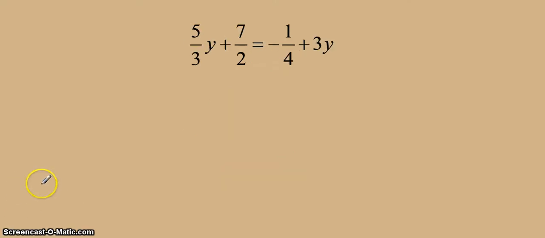In the next example, we have variables on both sides of the equal sign. We also have 3 terms that are fractions. So we're going to use the common denominator strategy. Make every term a fraction, and then get common denominators between every single term in our equation. The lowest common denominator between 3, 2, 4, and 1 is 12.